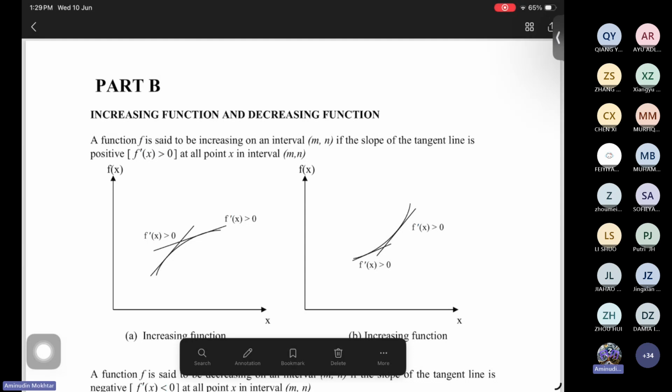I start with what is meant by an increasing function or a decreasing function. I hope you have this lecture note. Please refer to the UKM folio. This topic is quite difficult because there are so many rules you need to know and apply in economics and business.